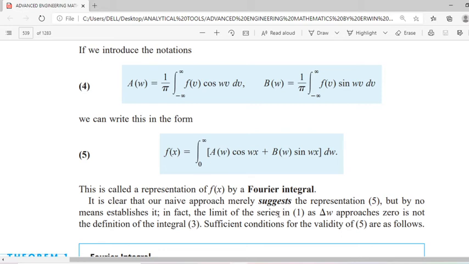There are plenty of applications for this, because a function is represented as an integral. We can represent a function as a series, or as an arrangement of other functions, but this approach is very different. A function is represented as an integration. That is called the Fourier integral.